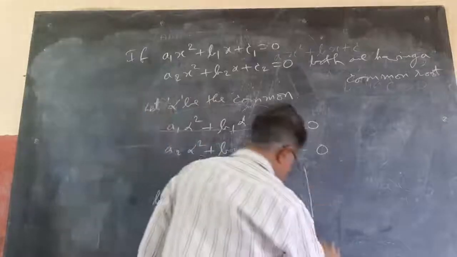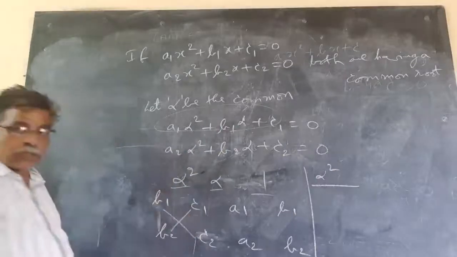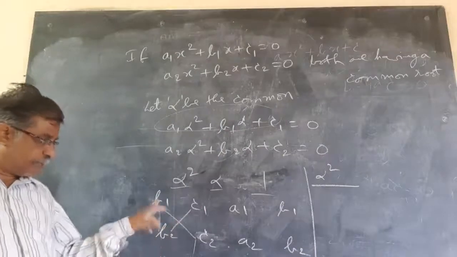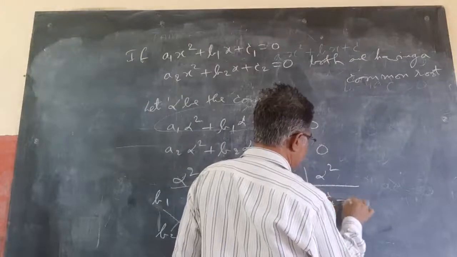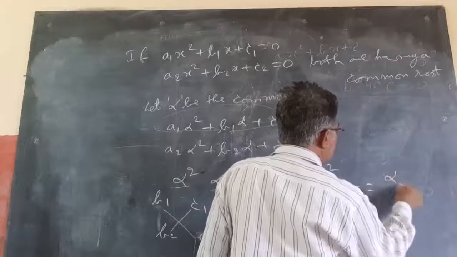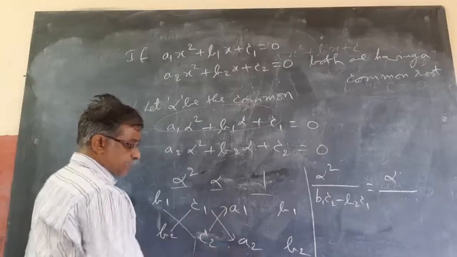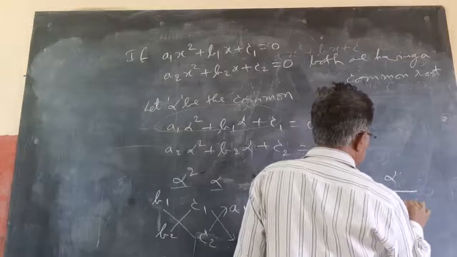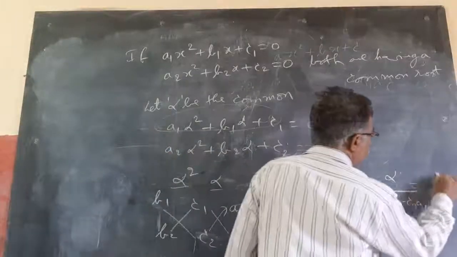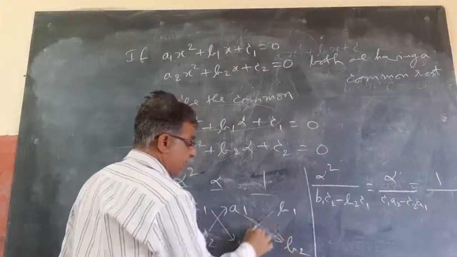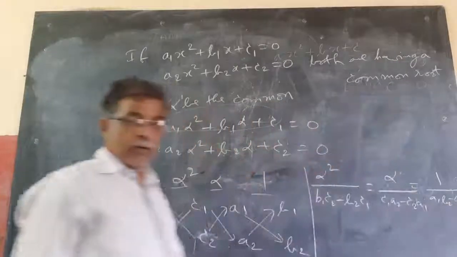So alpha square divided by this into this minus this into this, meaning b1 c2 minus b2 c1, equals alpha by this into this minus this into this, meaning c1 a2 minus c2 a1, equals 1 by a1 b2 minus a2 b1.